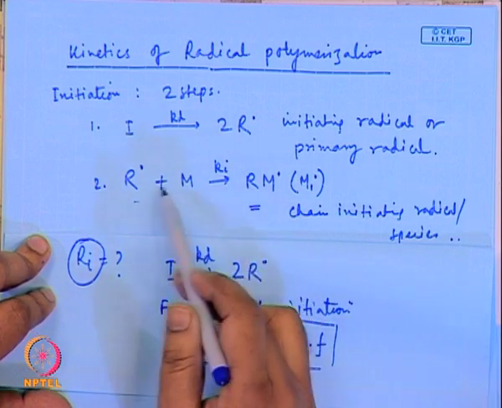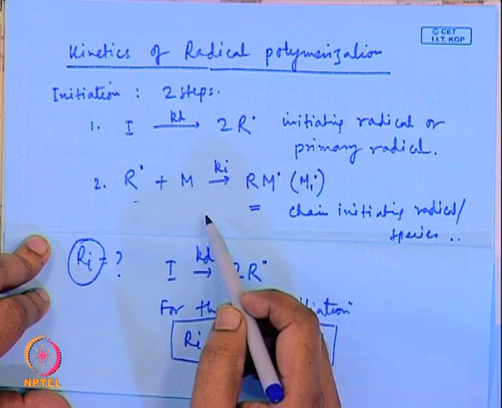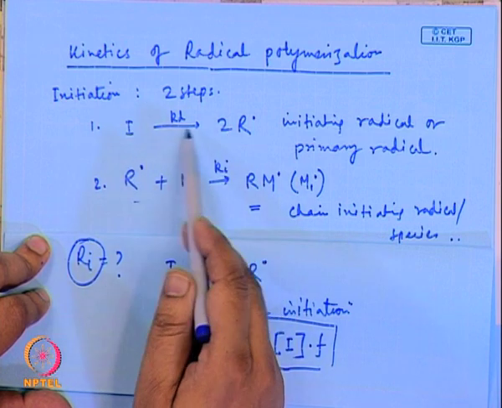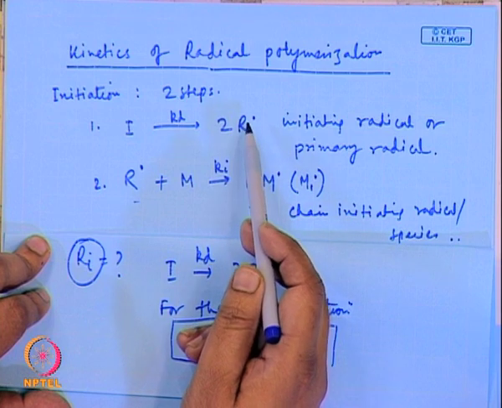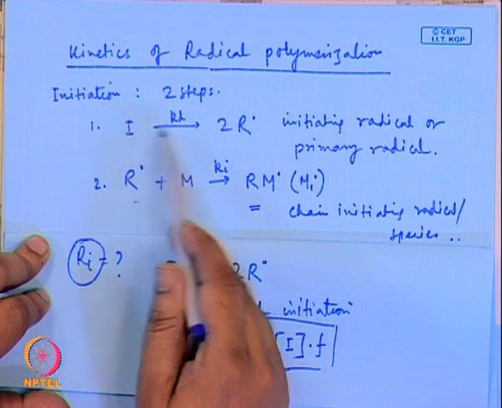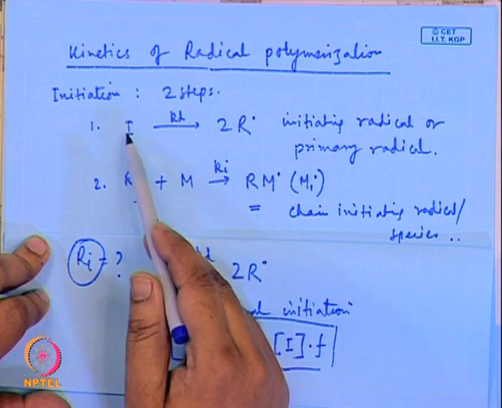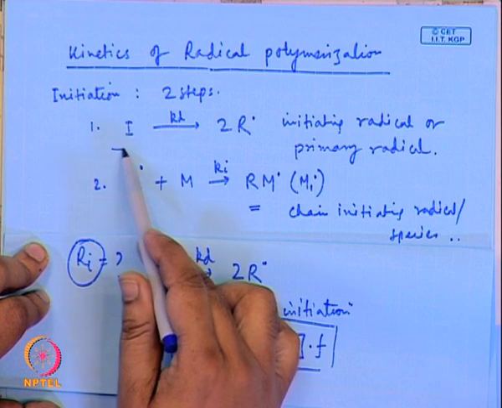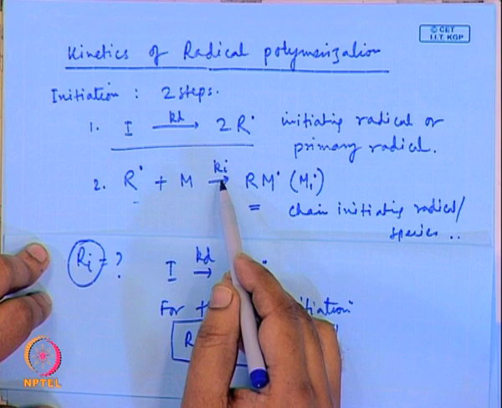Now, the fact that this is the very first reaction, this as well as all the propagating reactions, they are very fast compared to the initial dissociation reaction of the initiator molecule into 2 radicals. So, the initiation reaction actually depends on the first step, not at all on the second step. So, when we are considering rate of initiation, we are only considering this Kd, not the Ki.